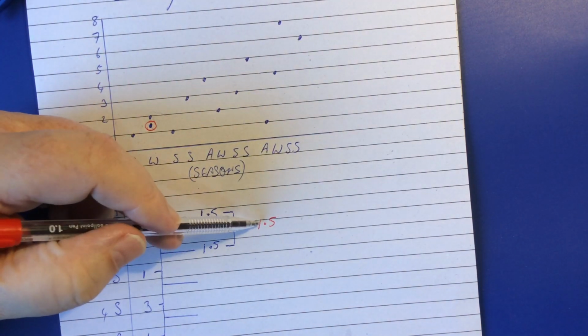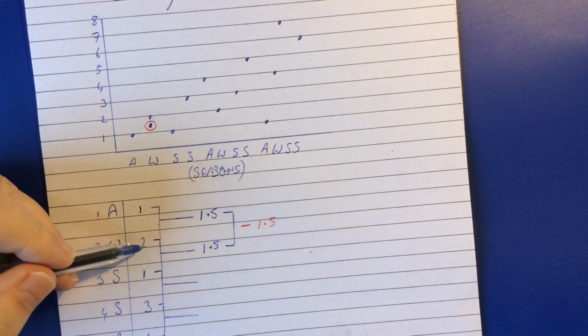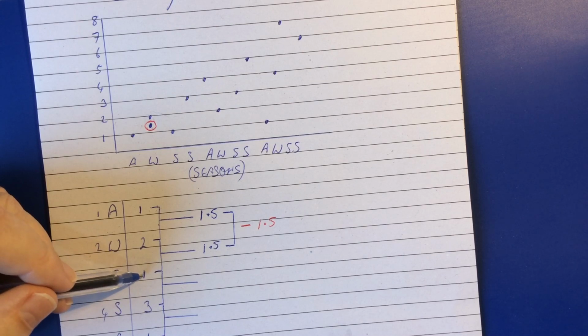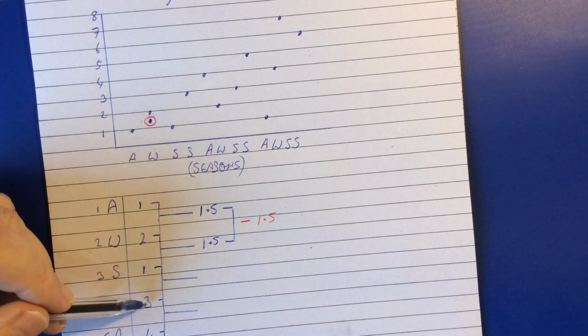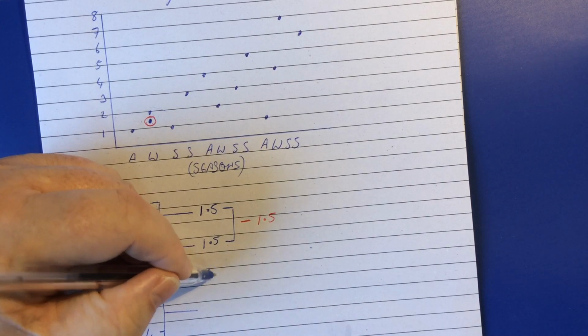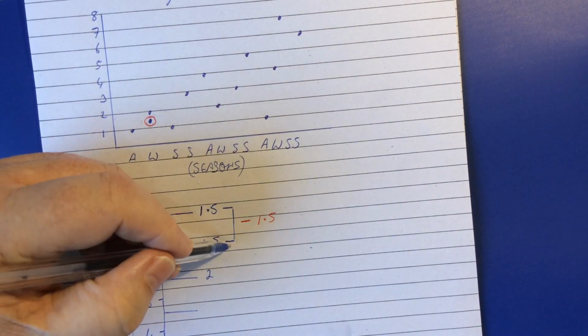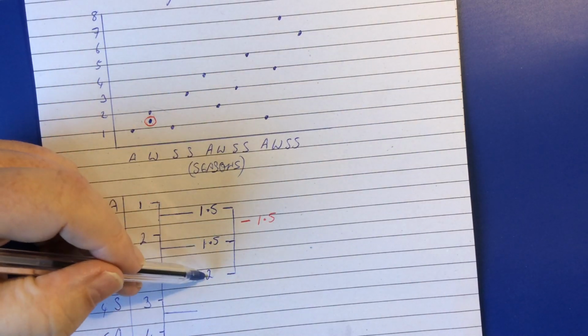Okay, so let's move along. We've taken the mean of these two numbers. We're now going to take the mean of these two. So 1 and 3 is 4. Divide that by 2, and you get 2. And now we're going to take the mean of this number and this number.